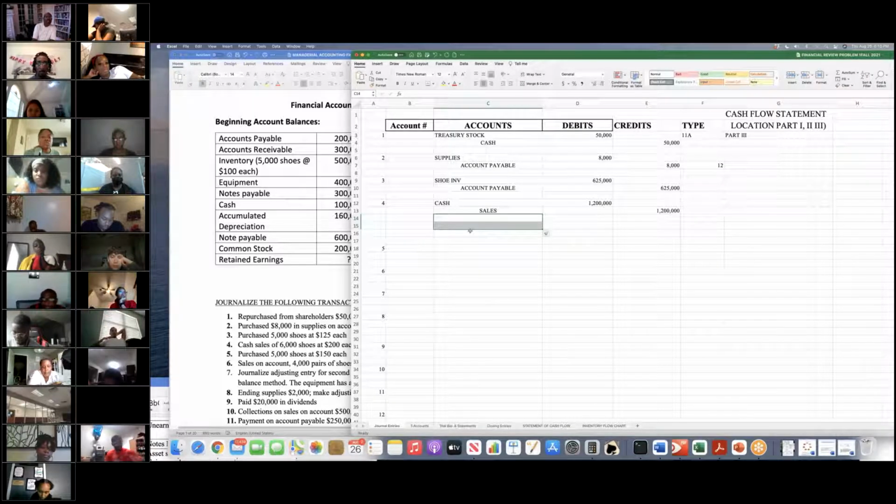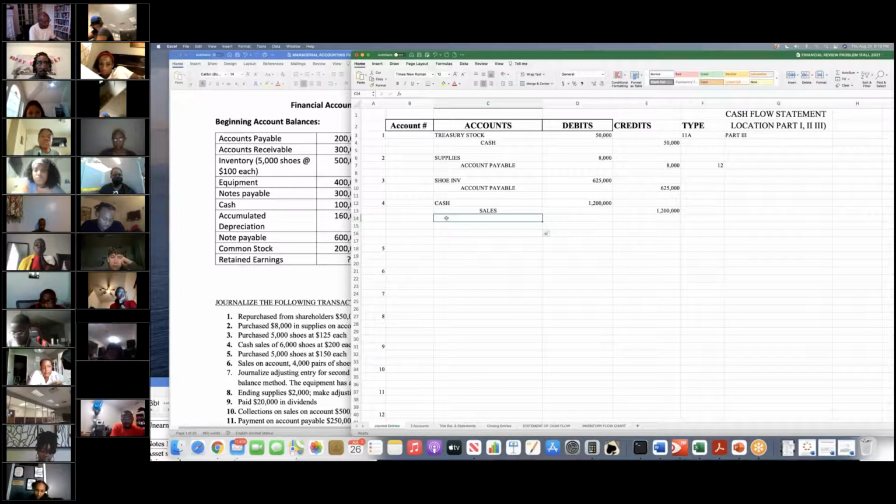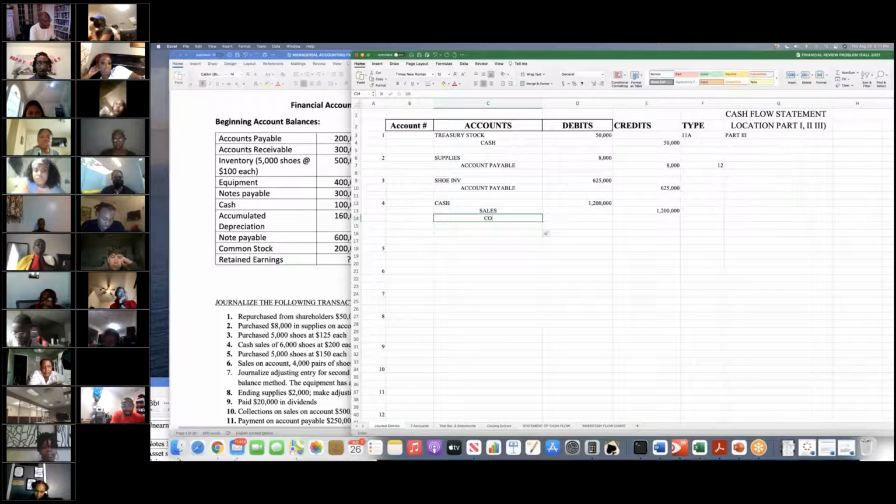So what is that journal entry going to be? Type 16, COGS debited, inventory credited, and the amount is 675,000. Let's put the accounts down. So COGS, which is cost of goods sold, and inventory.